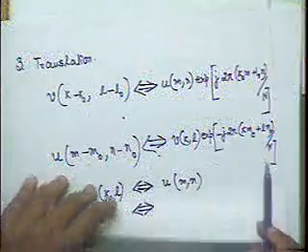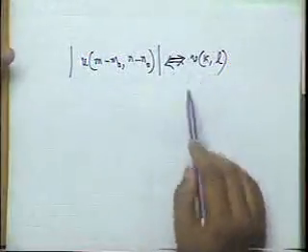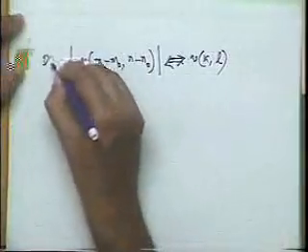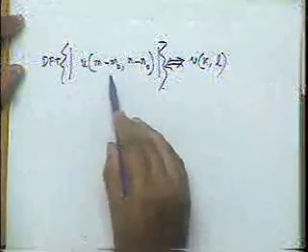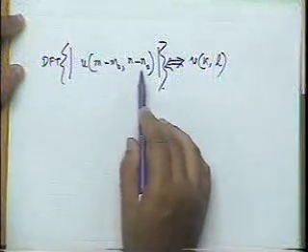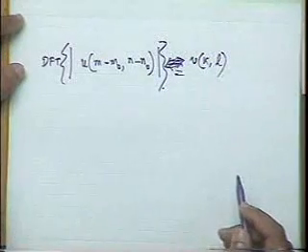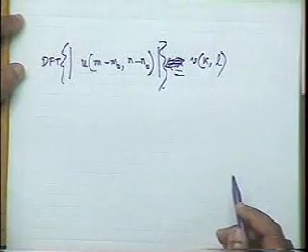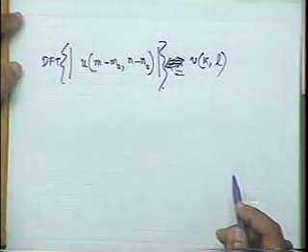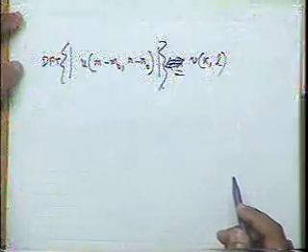So the magnitude of the DFT of u(m minus m0, n minus n0) is nothing but v(k,l). That means by applying a translation on the image, the magnitude of the Fourier spectrum of the Fourier transform does not change.